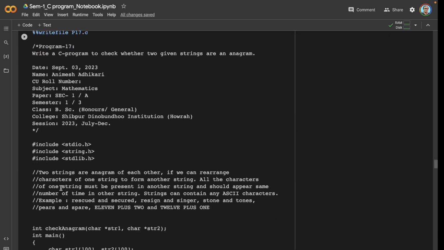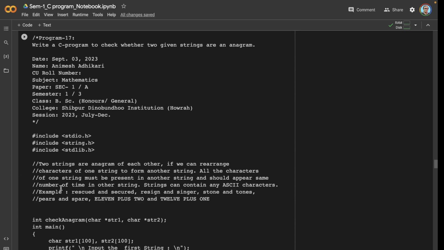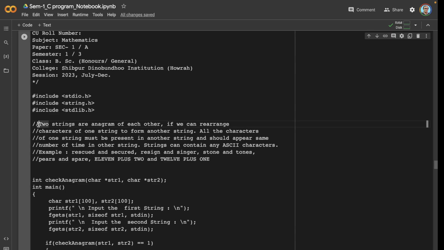Problem 17. Write a C program to check whether the given strings are anagrams. What is an anagram? Two strings are anagrams of each other if we can rearrange the characters of one string to form the other string.